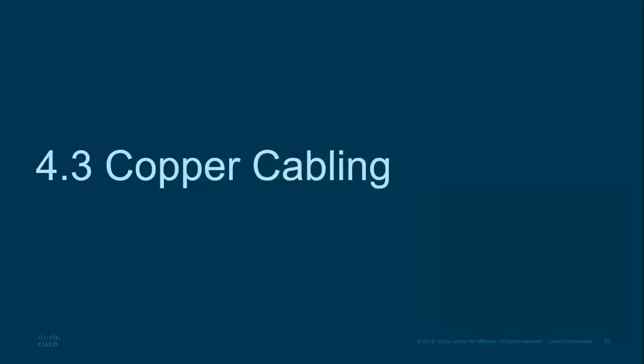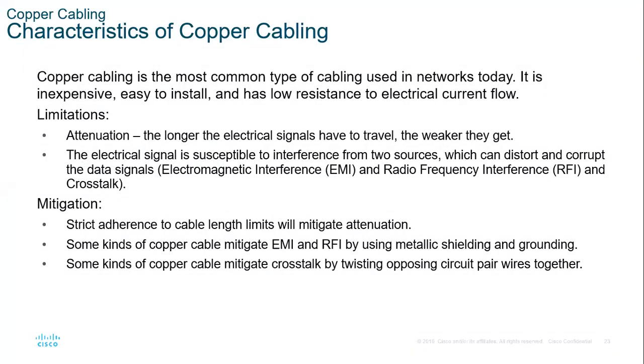Copper cabling. So there are different types of copper cabling in networking. Characteristics of copper cabling: copper cabling is the most common type of cabling used in networks today. It is inexpensive, easy to install, and has low resistance to electrical current flow.